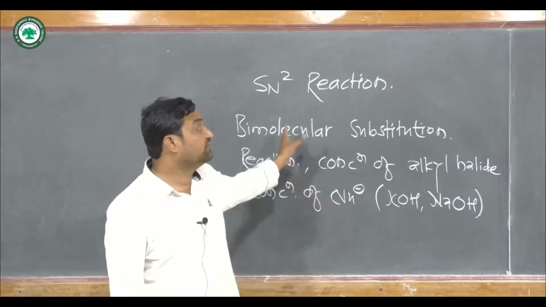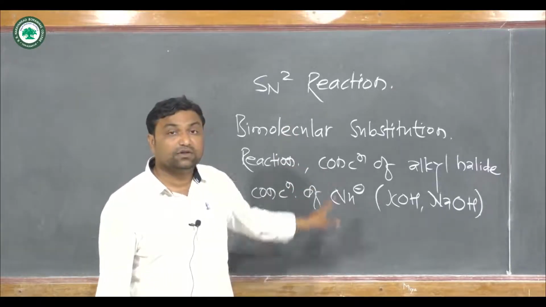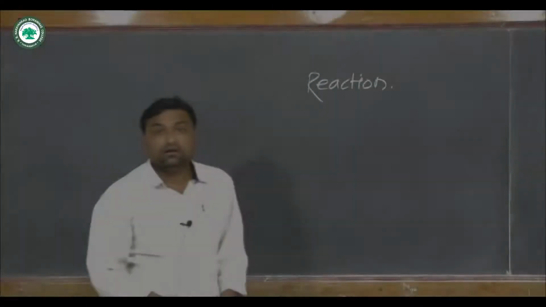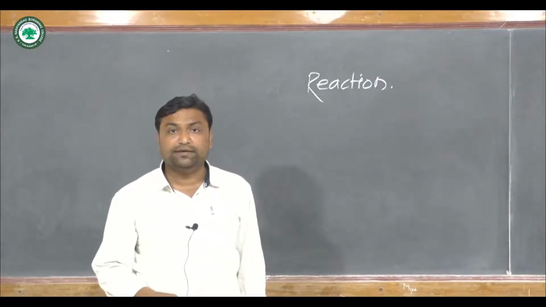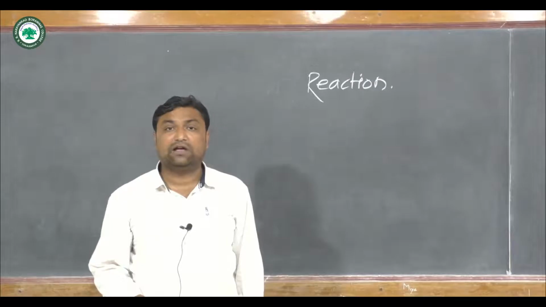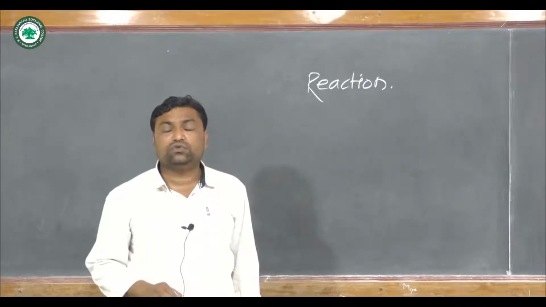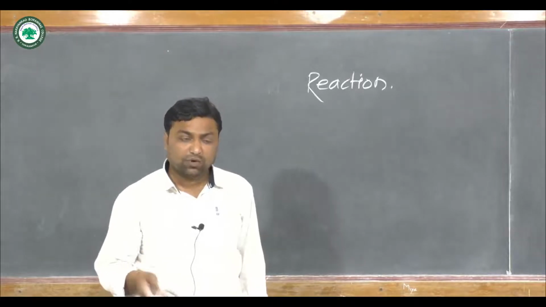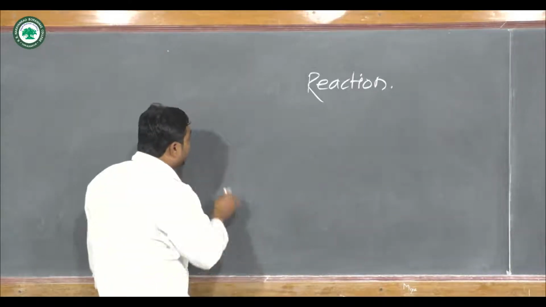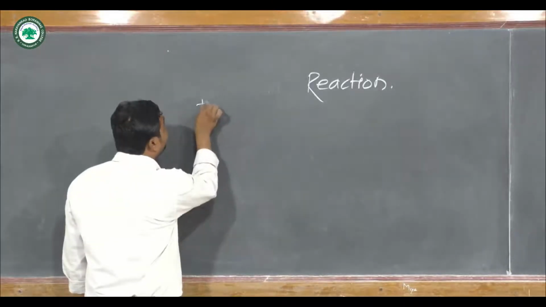Now we move towards the SN2 reaction. Consider an example of methyl bromide. When treated with aqueous NaOH solution, we will obtain methyl alcohol as a product. This is methyl bromide.